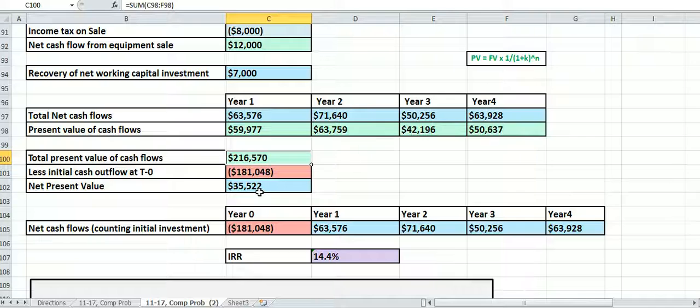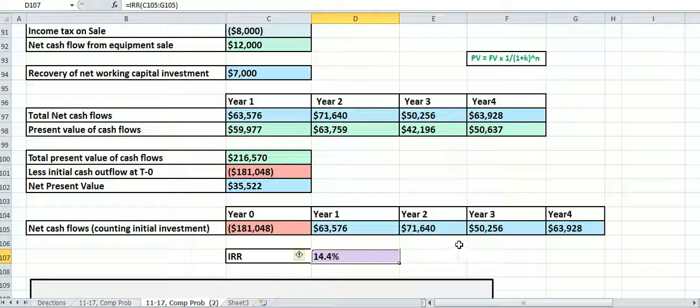And then I put in the formulas here. So here's our net cash flows, our cash outflow here, and I put the formula right here to give us our internal rate of return, which you can see is well over the discount rate of 6%.